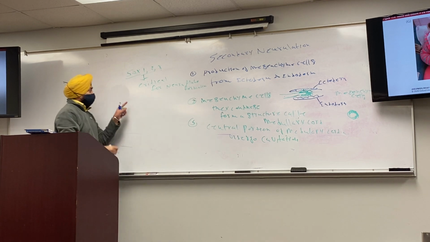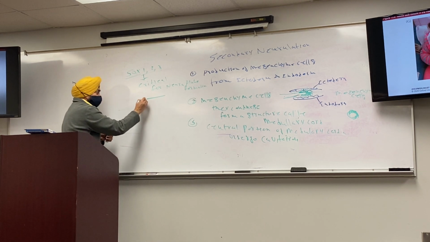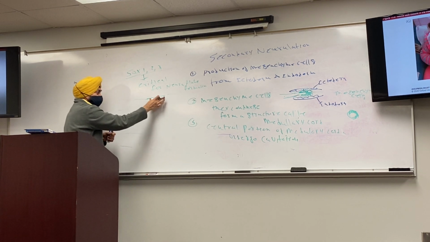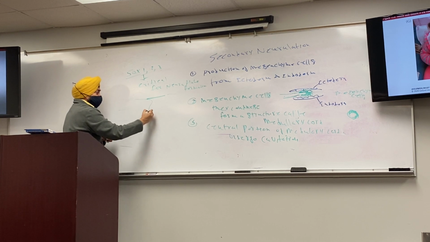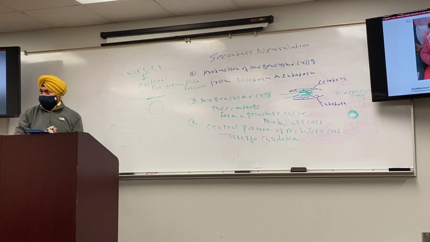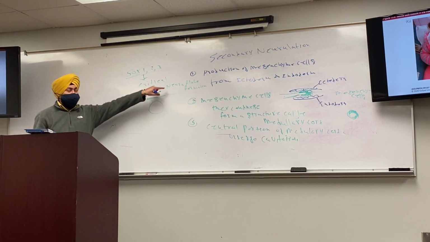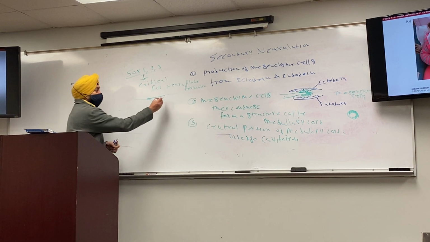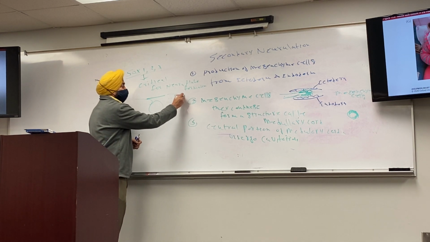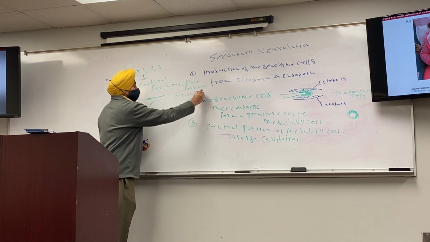Now, when the neural plate forms, for example this is the neural plate, this neural plate is going to give you the neural tube, right? So if the cells are responsible for formation of the neural plate, therefore they are also responsible for formation of the neural tube, right?